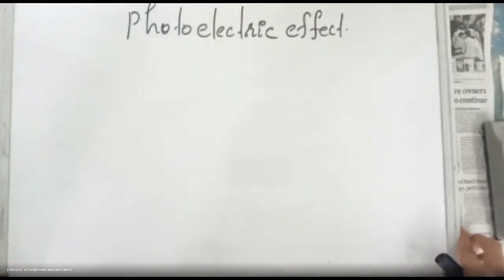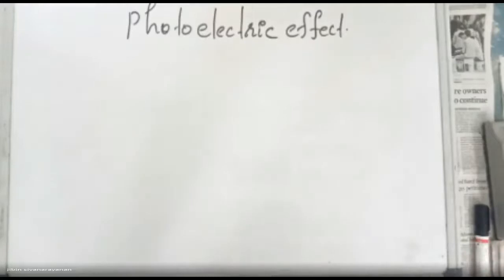You know very well what the photoelectric effect is, isn't it? When a radiation is falling onto a metal surface, some of the electrons get ejected from the metal surface. This ejection of electron happens only when a suitable wavelength falls on it.